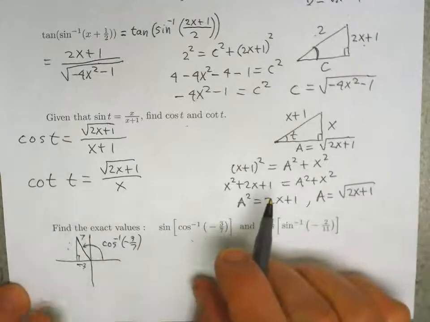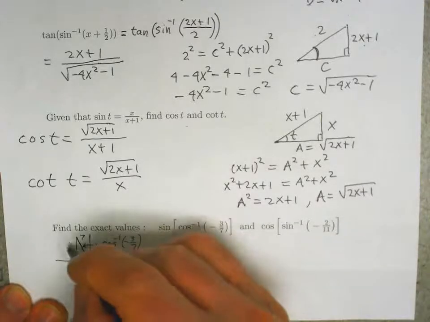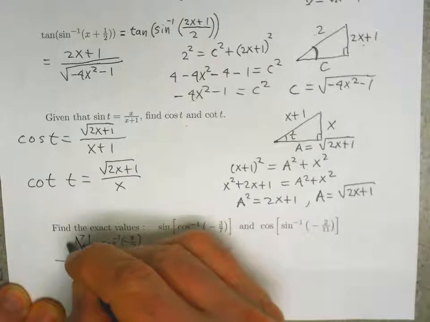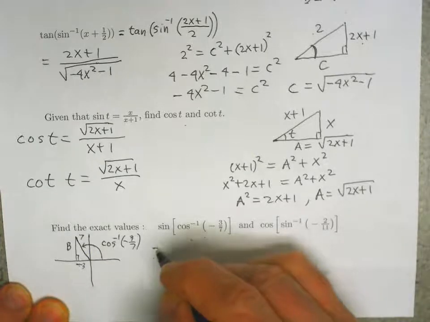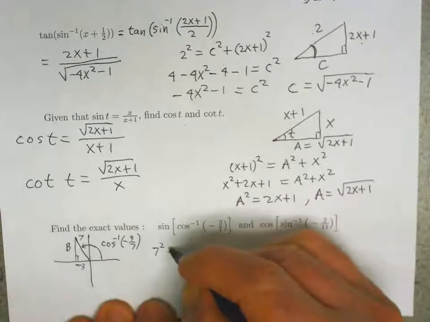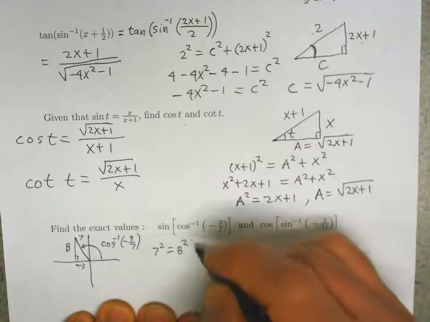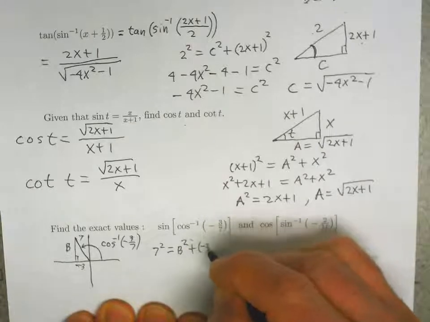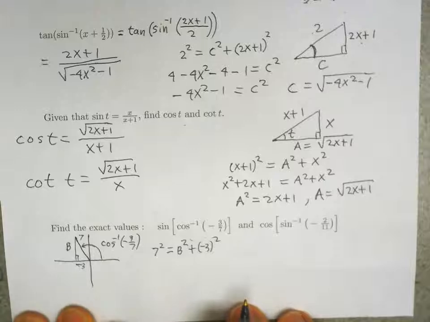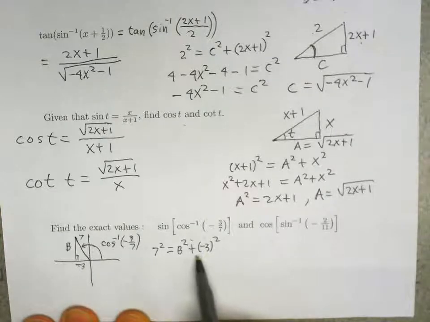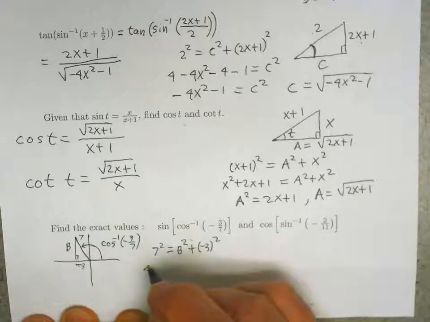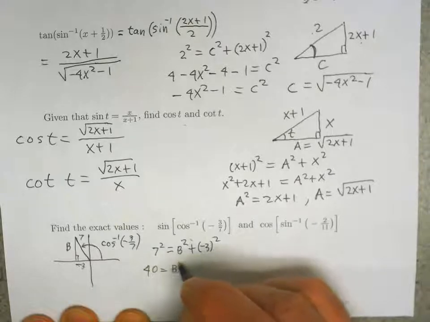So let's call it B. So the hypotenuse is 7, so 7 squared equals B squared plus the number negative 3 squared. So 7 squared is 49, and we're going to subtract 9, so we get 40 equals B squared.